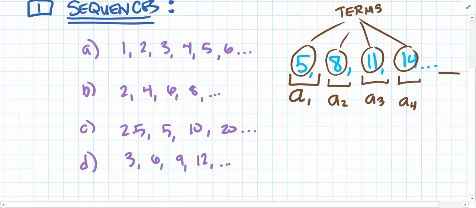What would this term over here be? Any term that we're talking about, the nth term, is called A sub n. So A sub n is the generic nth term of a sequence, where n could be any one of the numbers that we're plugging in. Right now it's a good place to consider the domain and the range.